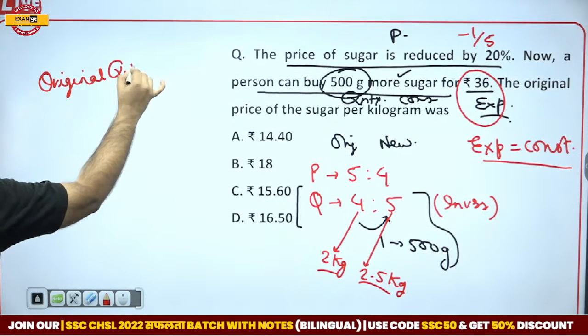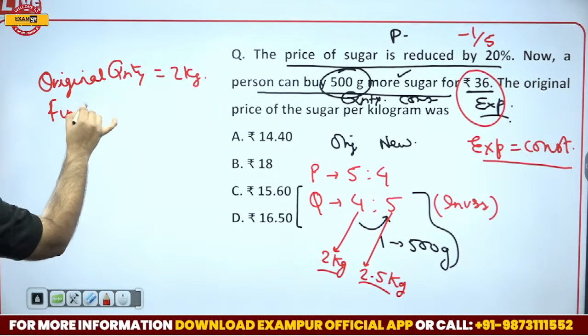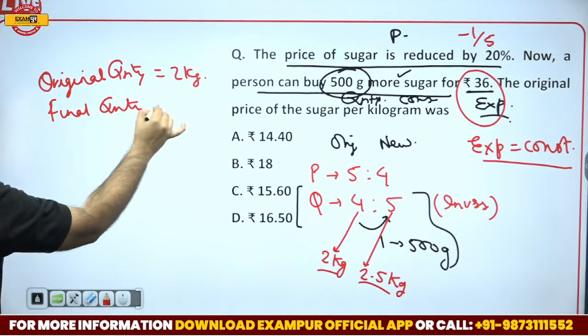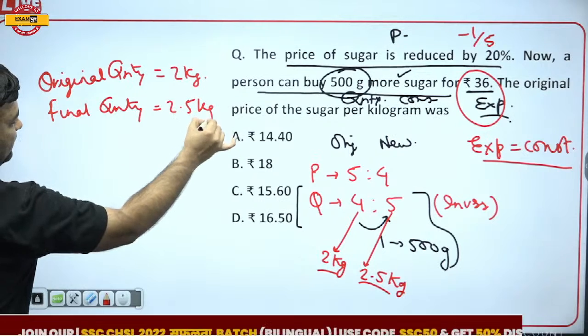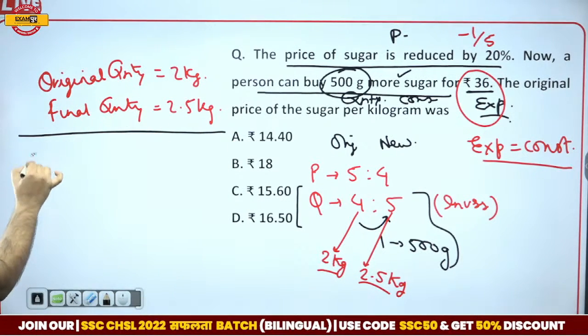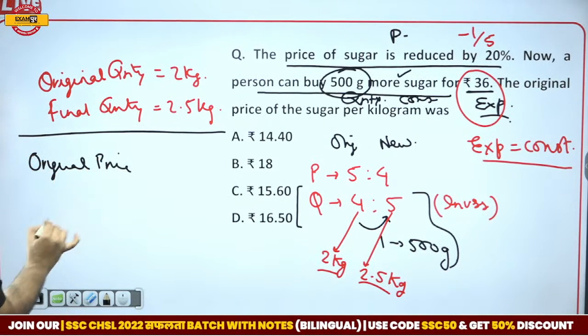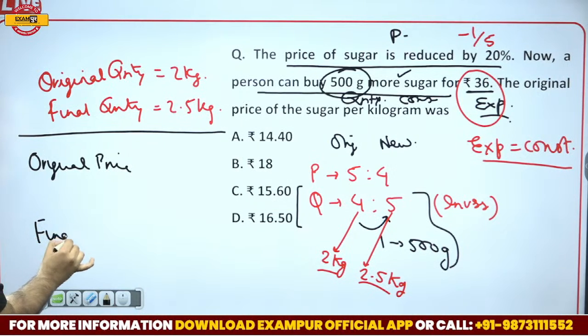Original quantity is 2 kg and final quantity is 2.5 kg. The advanced versions ask about the original price and final price.